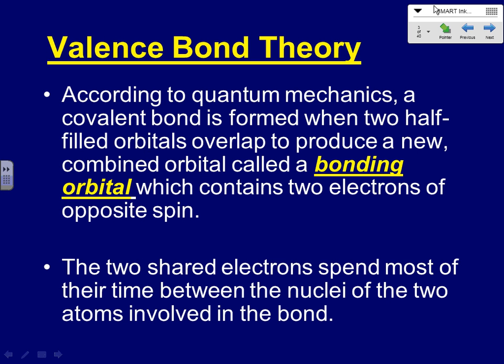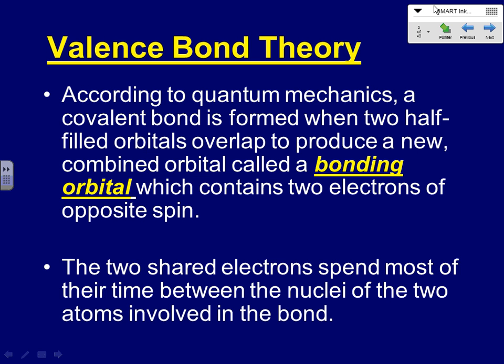And that's what we think of as a bond. A bond is when we have two orbitals overlapping to form constructive interference such that the electrons are now more probable to be found in between the nuclei, and we have a bonding situation.